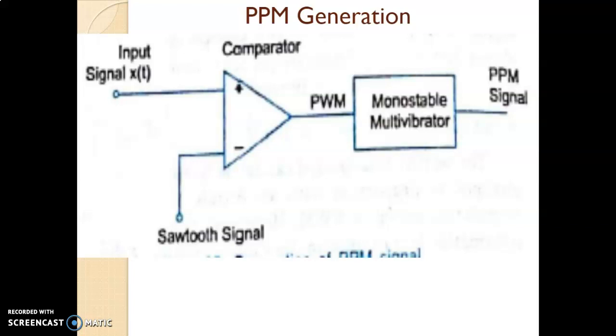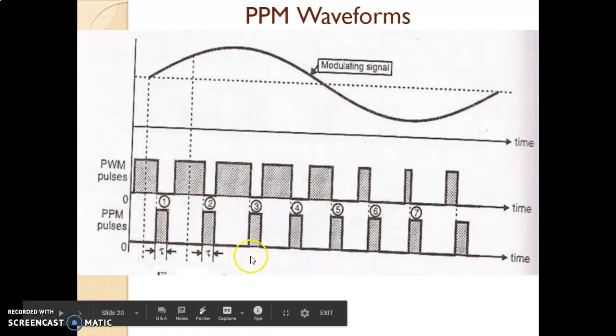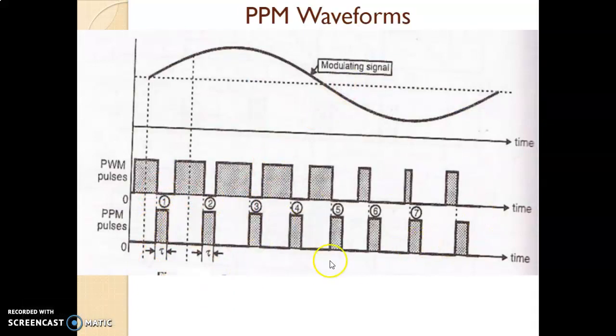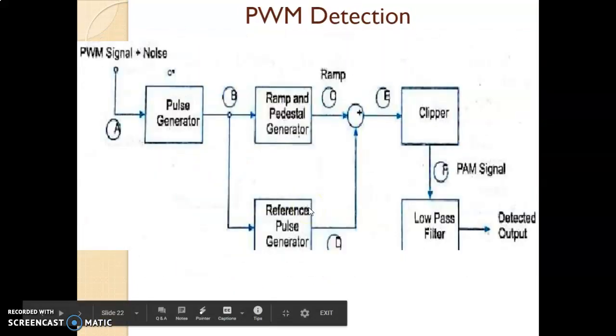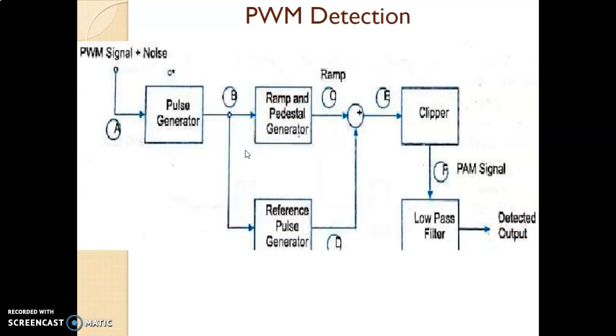It goes into the quasi-stable state once it gets triggered, and it returns from the quasi-stable state to the stable state after the completion of the RC time constant. So here we give the trigger through the PWM pulse at every trailing edge, and the resultant waveform is our PPM waveform.